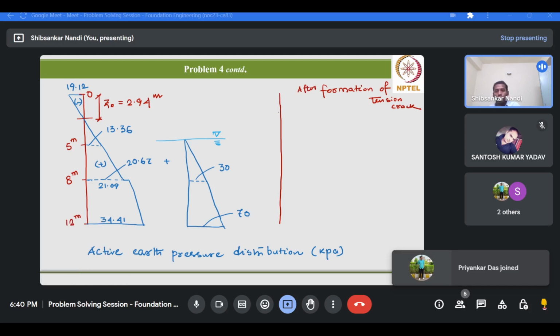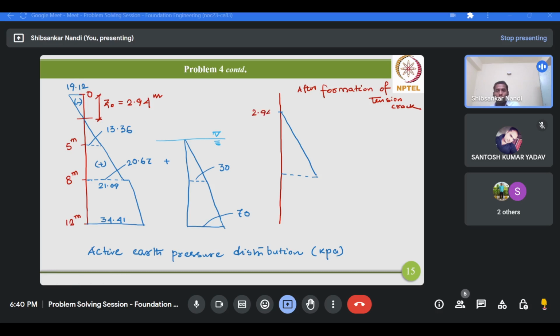It will start from the positive value. This is 2.94 meter. This is 0, and this is your 8 meter. In between we will be having 5 meter and then 12 meter.